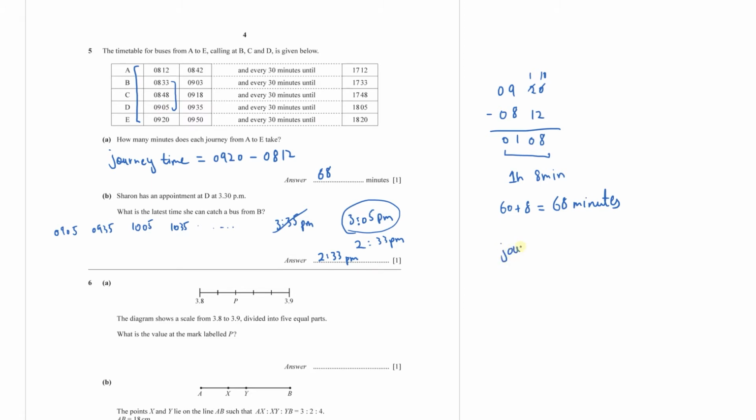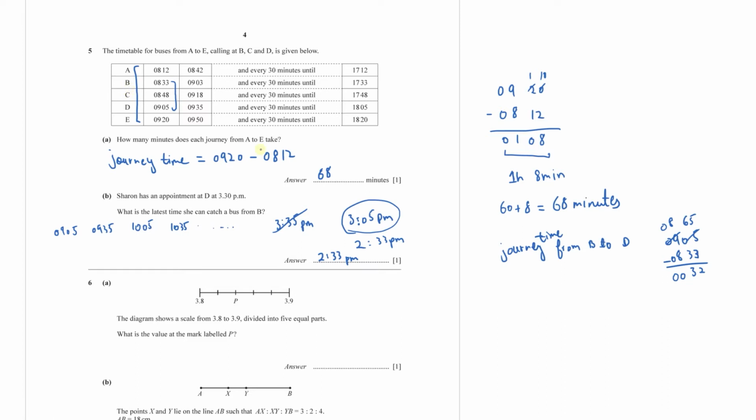So journey time from B to D is 9:05 minus 8:33. So this becomes 8, and I add 60 here, so this becomes 65. 65 minus 33. 5 minus 3 is 2, 6 minus 3 is 3, and this is 0.